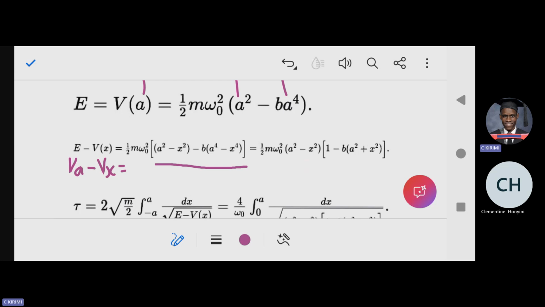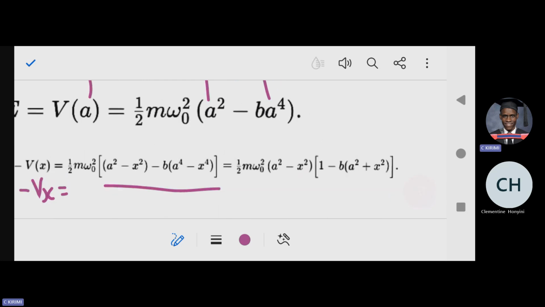When you subtract, take out the common factor, which is the constant, half m omega naught squared. When you factor out that first bracket, you use the difference of squares.